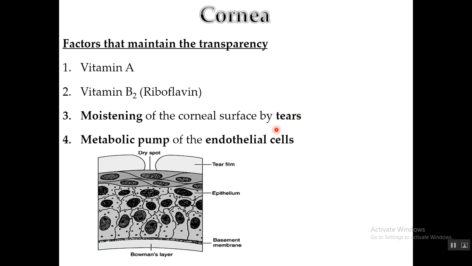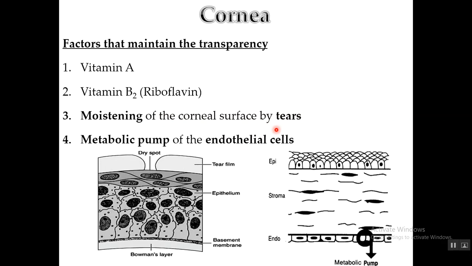You need the osmotic pump by the endothelial metabolic pump in the endothelial cells to maintain the corneal transparency, or to prevent corneal overhydration and cloudiness of the cornea. These are the factors that maintain the transparency of the cornea.